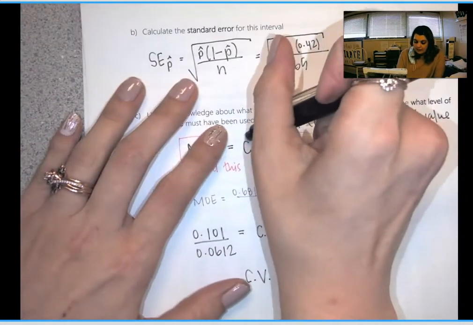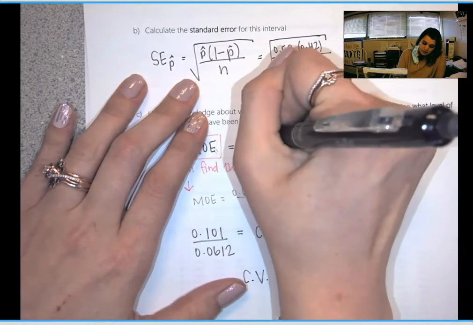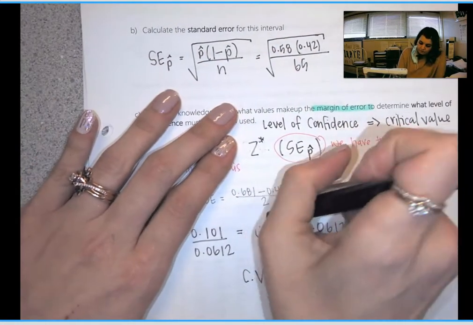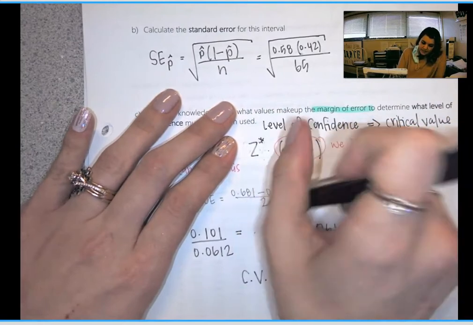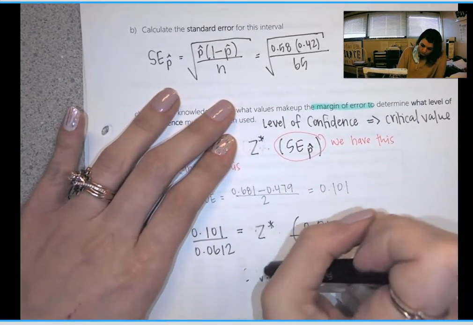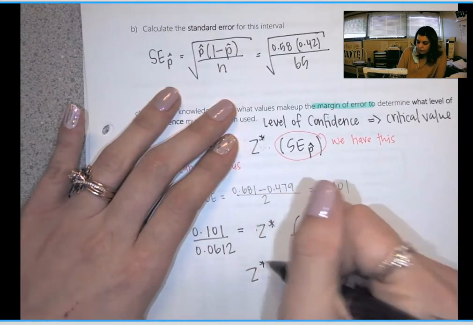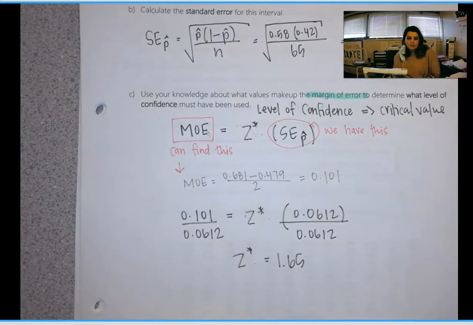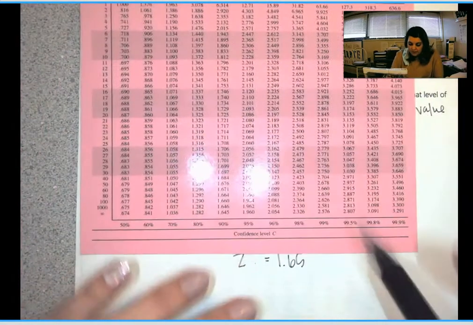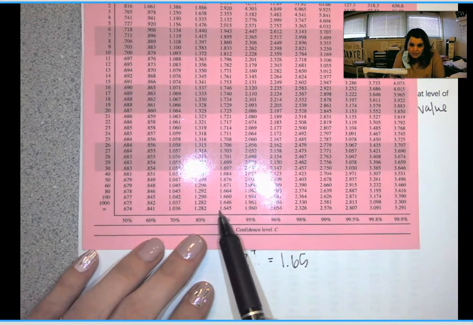And really, in this problem, I should be using Z. It's called Z critical. So our Z critical, or our Z score, is 1.65. So I'm going to go to my pink table, and I'm going to find the one closest to 1.65.